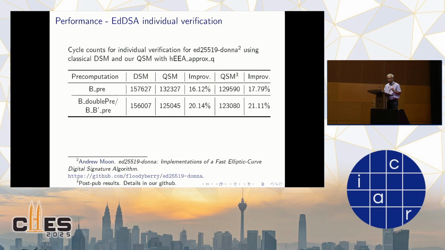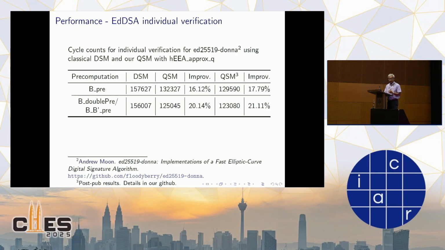this comparison is for individual verification using the ed25519-donna library. This is an open source and highly optimized implementation. And as you can see in the middle column there, the improvement for just the B-based pre-computation is 16%.